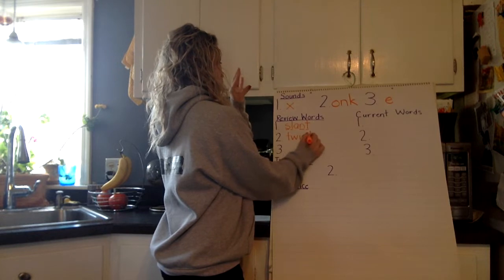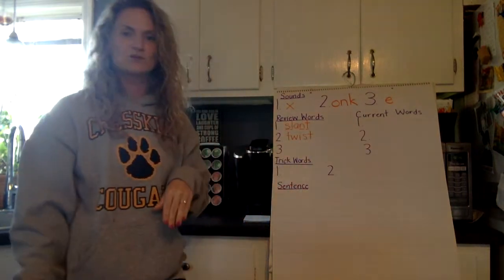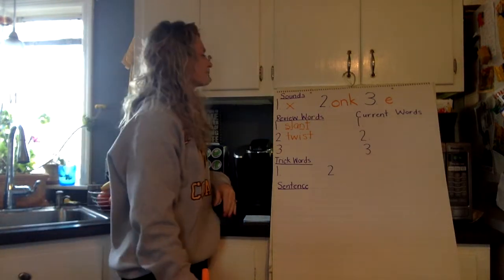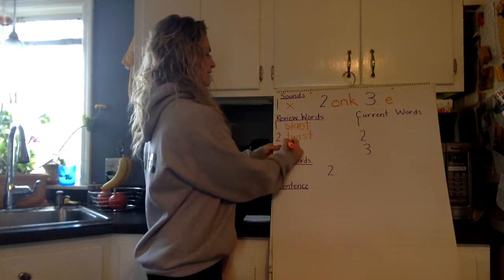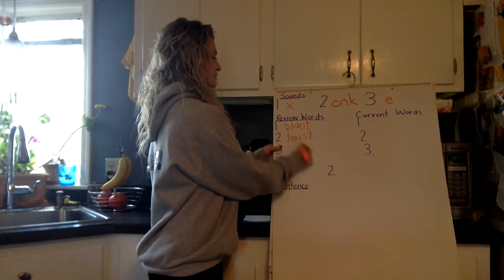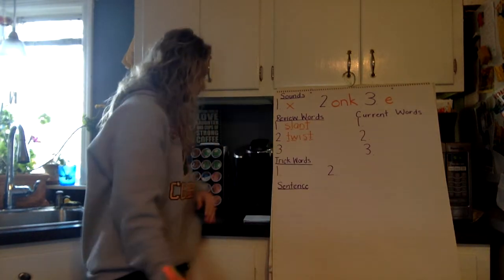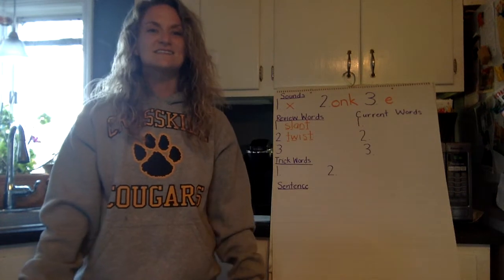T-w-i-s-t. Twist. And just like slant, I want you to mark up the blends that you see in the word twist. I hope you saw the TW and I hope you saw the ST. Nice job.